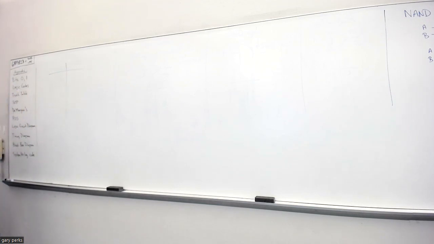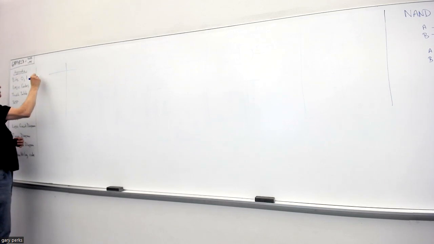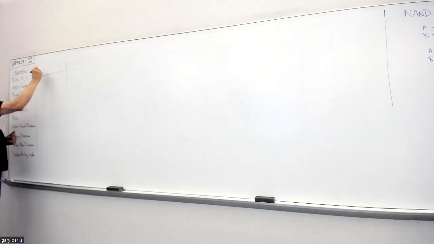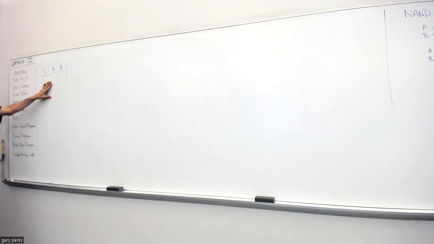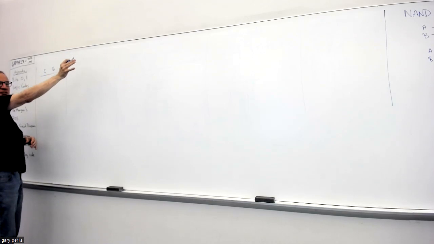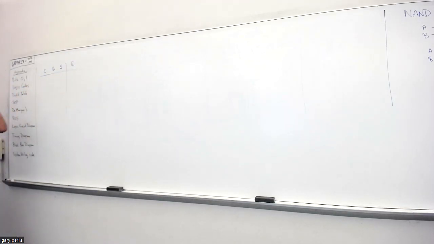I'm going to create a truth table here, using variables C, D, and S. These are inputs, and remember, inputs go on the left side of a truth table. Outputs go on the right side, and I'm going to have a single output that I'm going to label E.